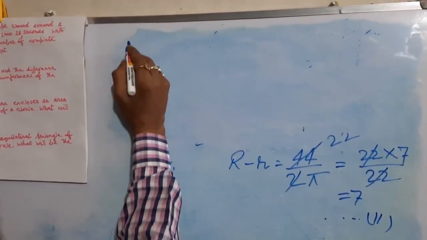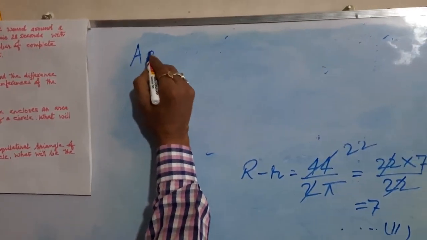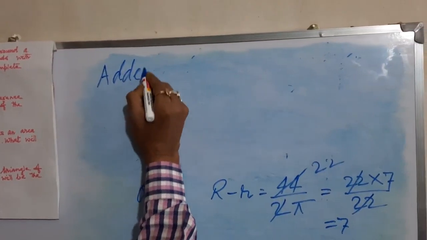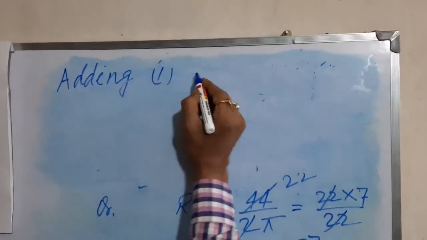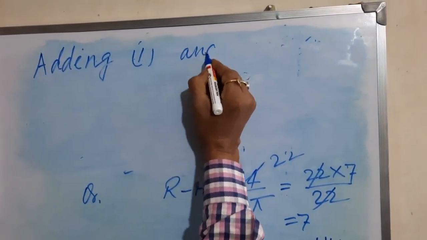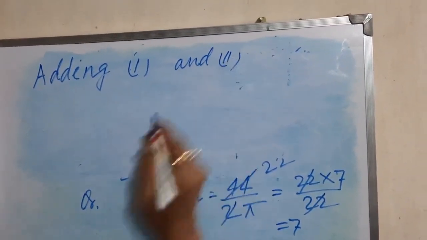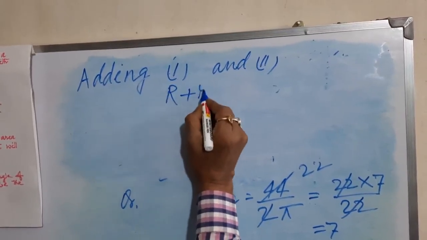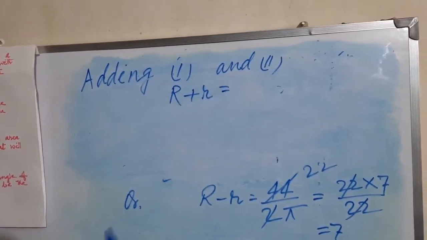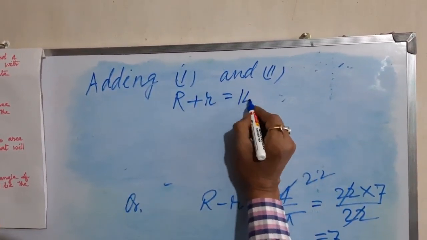Now adding equations 1 and 2. R plus small r is equal to 14.